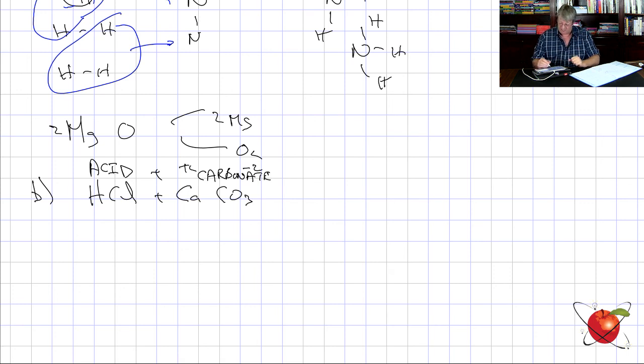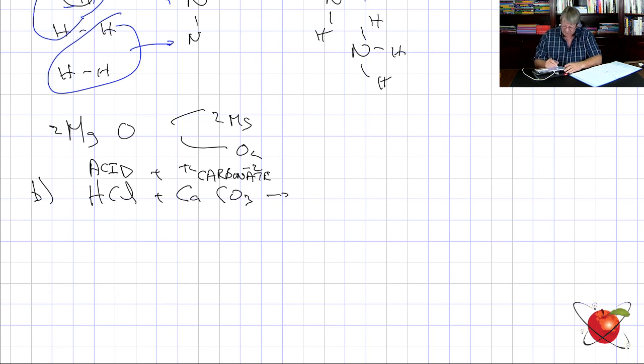Acid plus a carbonate. As we said when we did this section, these are things you just have to know. It's not given to you on any schedule at all. So what is it? It's an acid and a carbonate, and the net result is we get a metal salt. Which salt do we get?